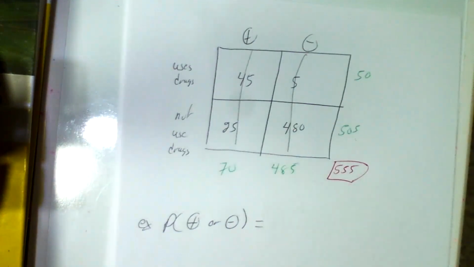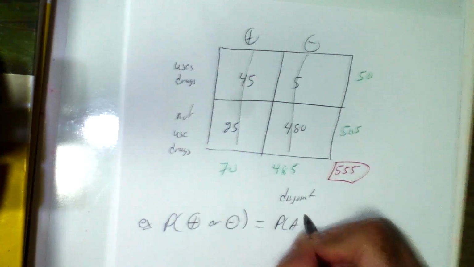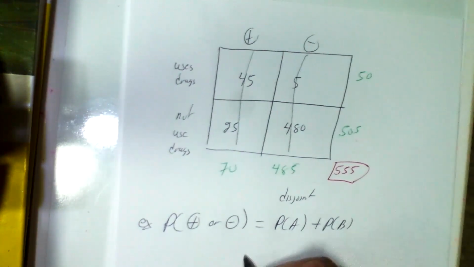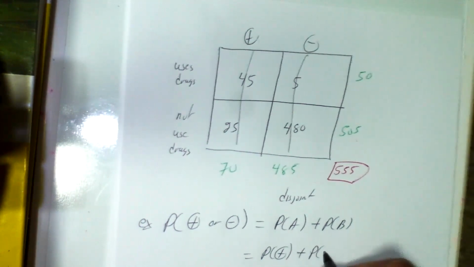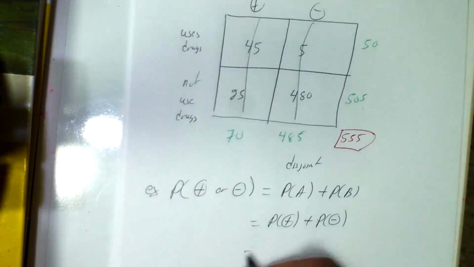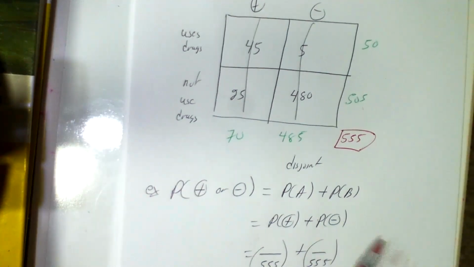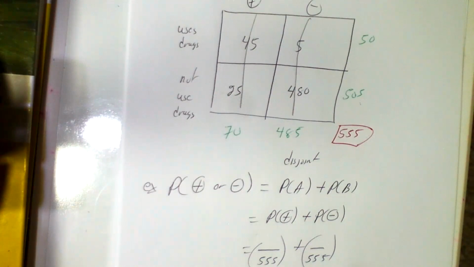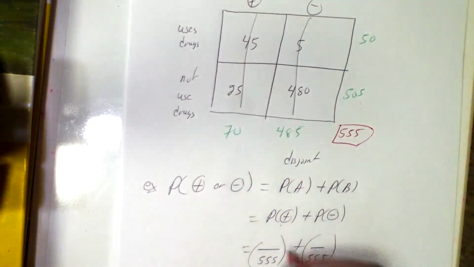They are parallel, which tells you you're going to use the disjoint formula. So it's the probability of A plus the probability of B. So in our case, the probability of positive plus the probability of negative results. So you'll see how weird it becomes if you get disjoint, but it only happens when you have a 2 by 2. All right, so the total of the positives is 70.